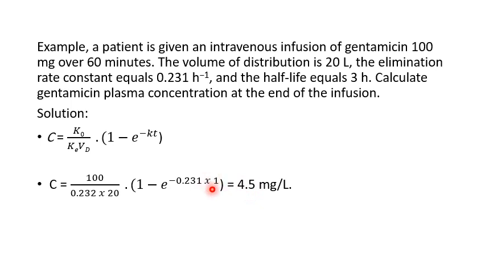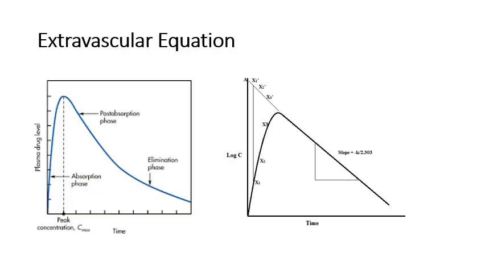The time that we are going to use here is 1 hour, because the question says to calculate gentamicin plasma concentration at the end of the infusion, and here the infusion is over 60 minutes, so the time that we should use here is 1 hour. The resulting plasma concentration at the end of the infusion is 4.5 milligram per liter.